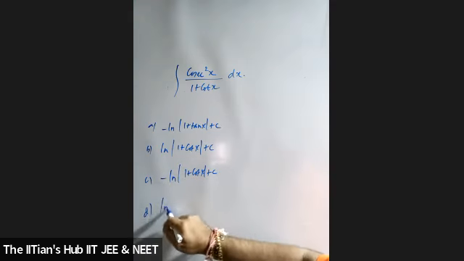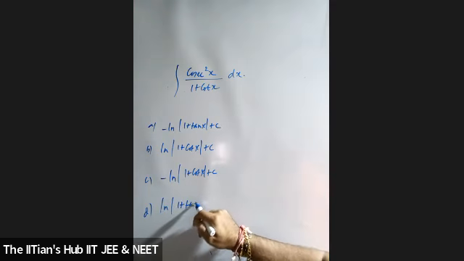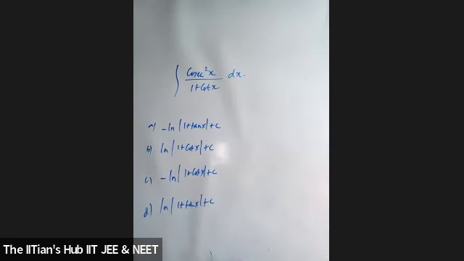Option D: ln 1 plus tan x plus c. Two options are positive, two negative. Integration of cosec square x upon 1 plus cot x into dx.